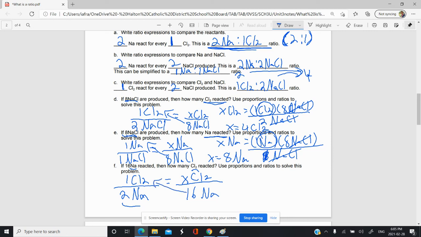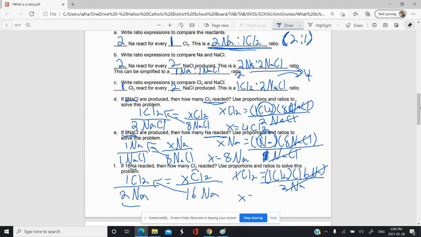We do our cross multiplication. Then we get x Cl2. So the number of Cl2 is equal to 1 Cl2 times 16 Na over 2 Na. You can cross the Na out because they're numerator and denominator, same unit.